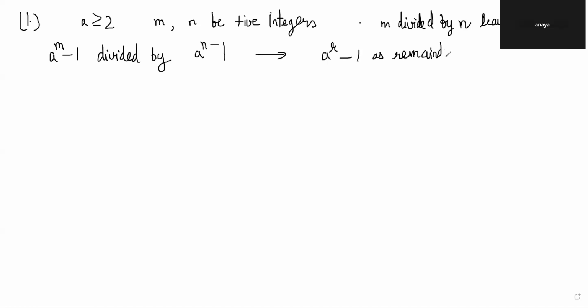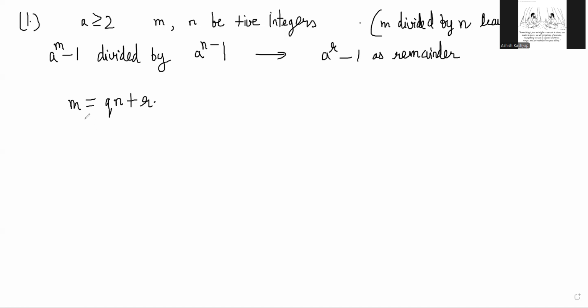Yeah. So this statement has been given. So therefore we can write m equals qn plus r, you should write q. That will be better because q tells us the quotient. Okay, yeah. m is qn plus r, that much we know.